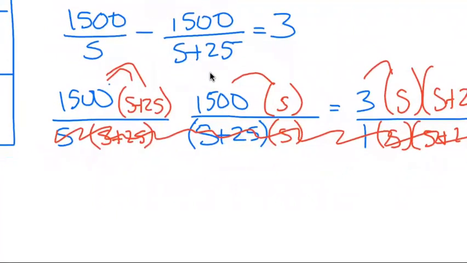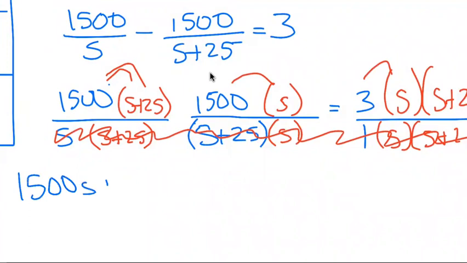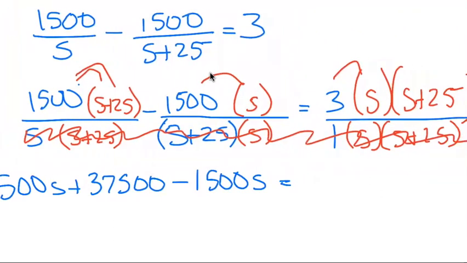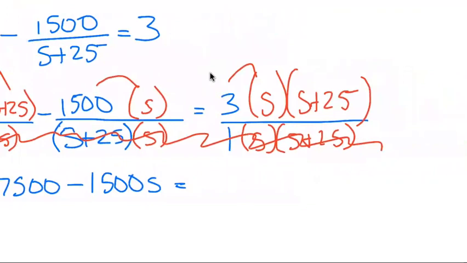Okay, so I'm going to get 1500S plus 37,500, that's a minus 1500S, equals 15 times S plus 25.